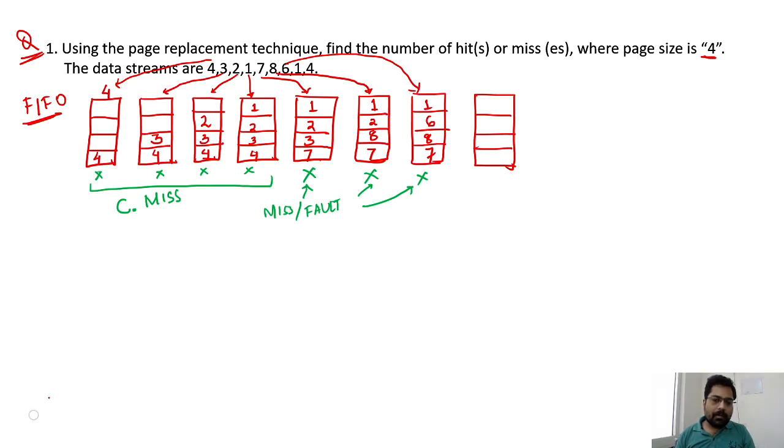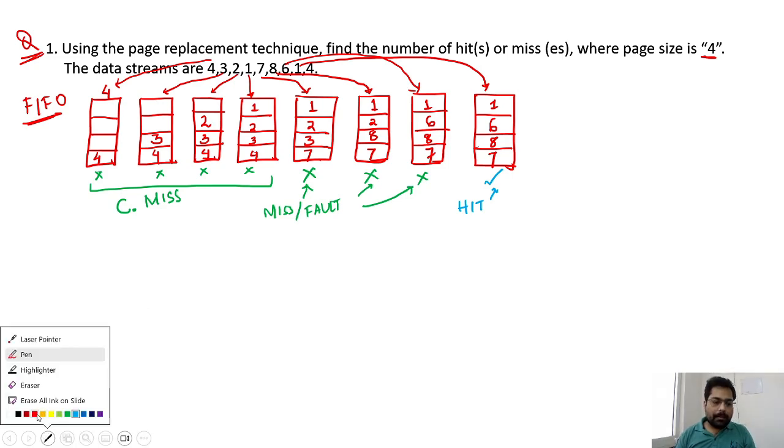Now the previous data is 1, 6, 8 and 7, and 1 is being asked. 1 is there, no need to worry. You can write it is a hit. I must change the color of it. It is a hit. Means right now we got one hit only.